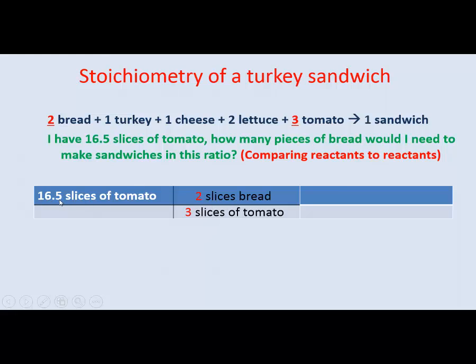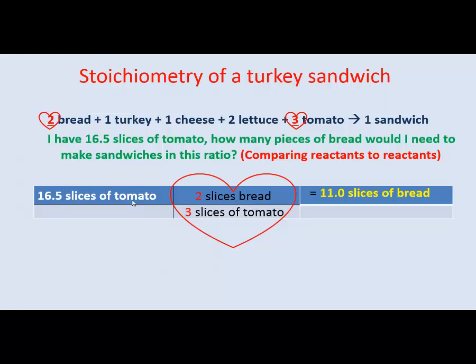So I take 16.5 times 2 divided by 3. That's my stoichiometric ratio, this 2-to-3 ratio from those coefficients. We end up seeing that it would require 11 slices of bread to react with 16.5 slices of tomatoes to produce my sandwiches. Okay, so I can compare reactants to reactants in this case.